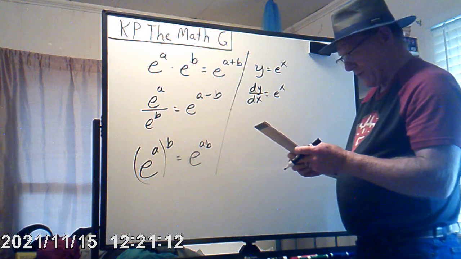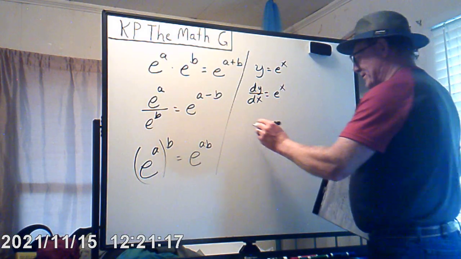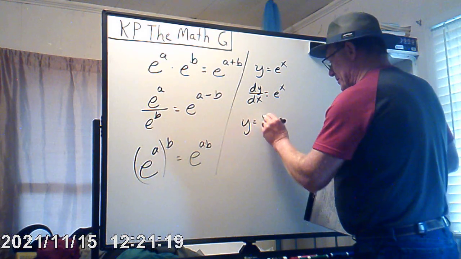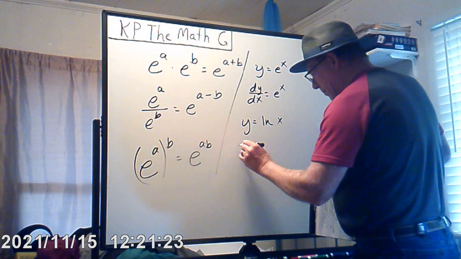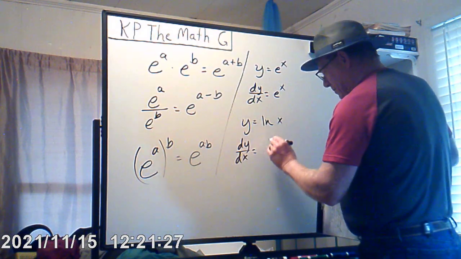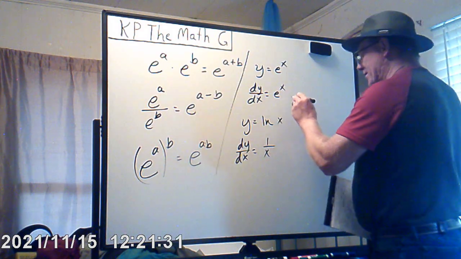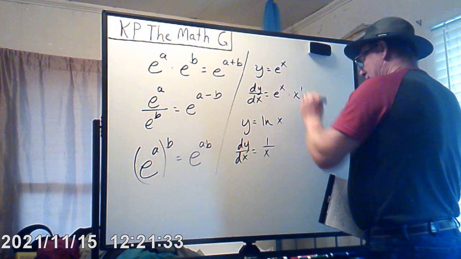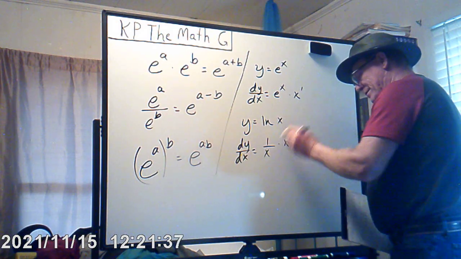And then another thing that we need to look at is that if y is equal to ln of x, then y prime or dy over dx is equal to 1 over x. And of course, by the way, if there is a function inside, then we multiply by the derivative of that.